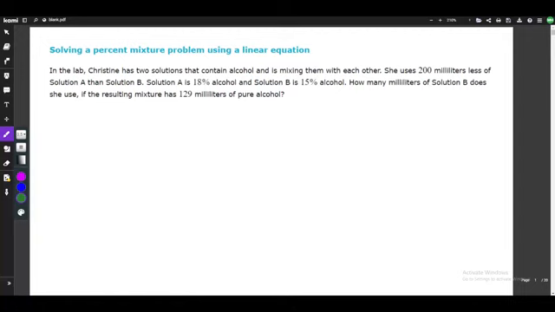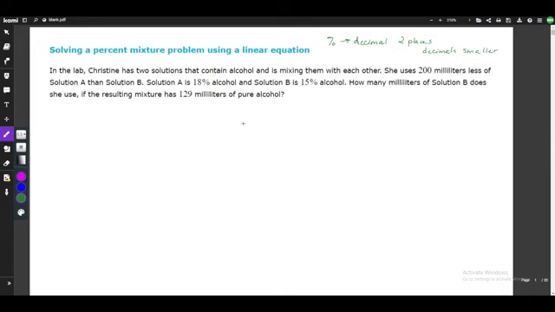All right, so percent mixture problems. What we're going to do is we have to remember what percents are. Percents are decimals, and to change a percent to a decimal, we move the decimal 2 spaces, and decimals are smaller.